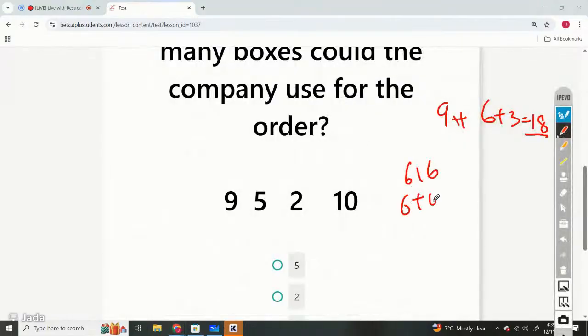616. 6 plus 6 plus 1 is 13, right? So, which number is 616 divided by?